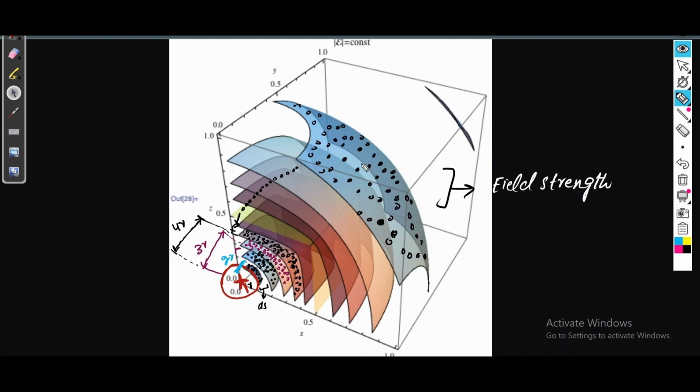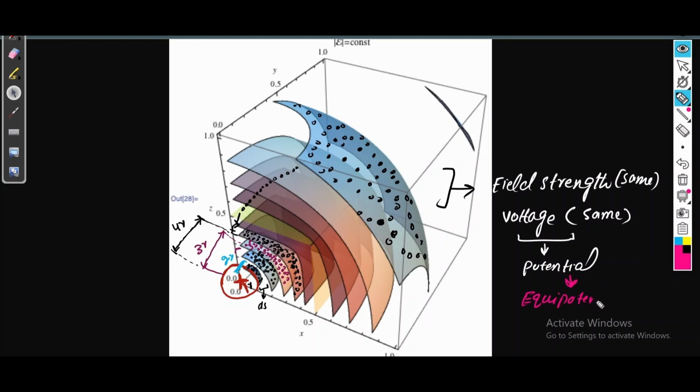So these points at the same distance from this positive charge will have the same field strength and also the same voltage. Voltage means these points will have the same potential, and therefore we call them equipotential. So that surface is called an equipotential surface.